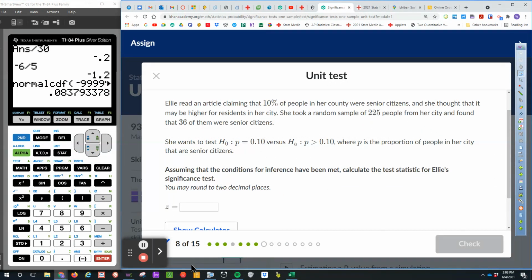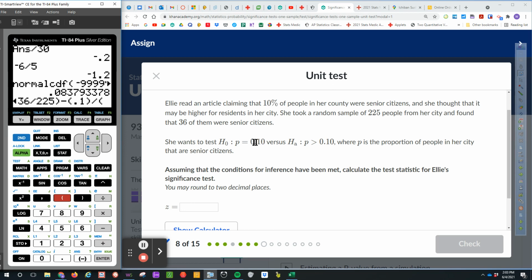I'm going to put a bracket, put the p hat first, which is 36 divided by 225 minus 0.1, divide by, I'm going to put two brackets.